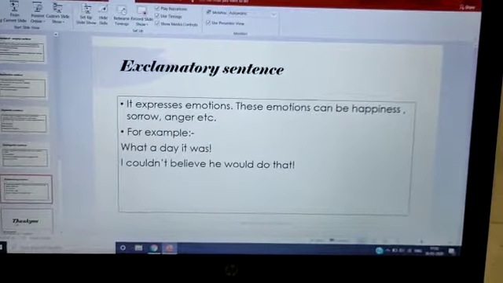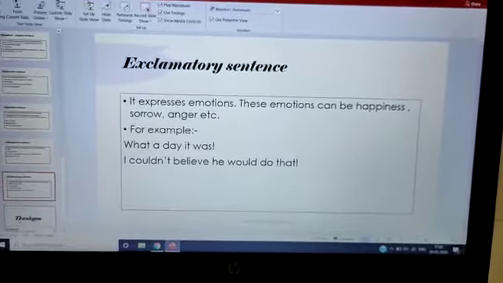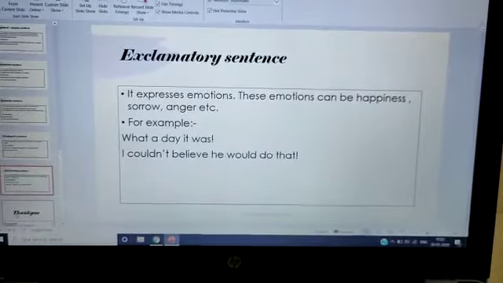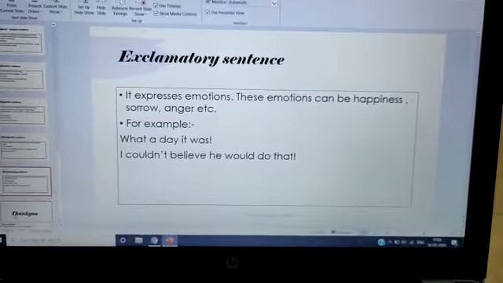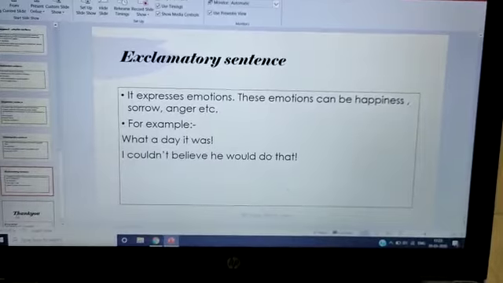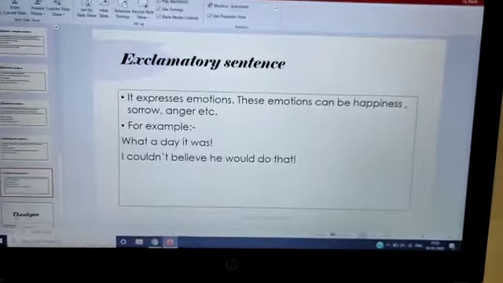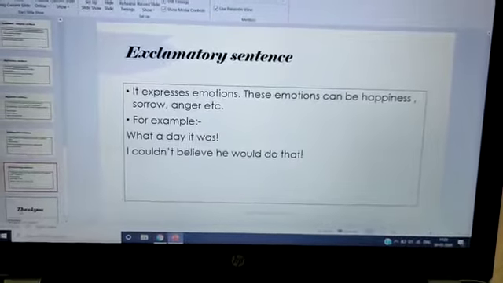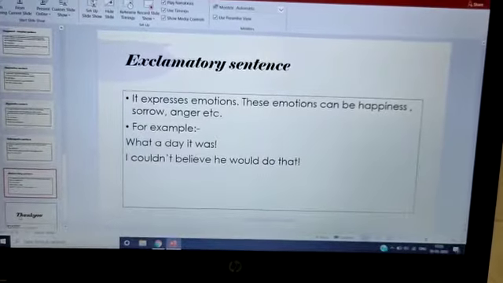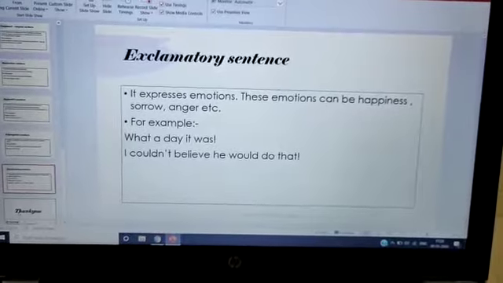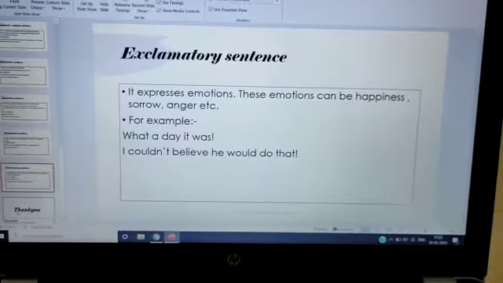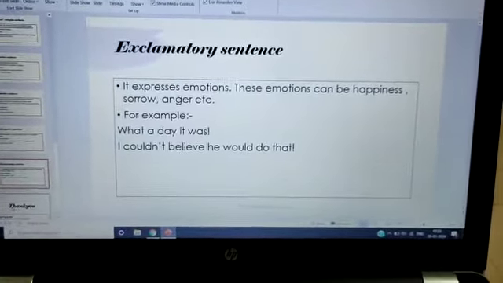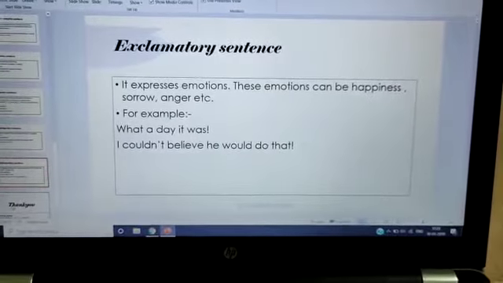Here we are expressing happiness, and this sentence is ending with an exclamation mark. Hence, it is an exclamatory sentence. I couldn't believe he could do that! It could be out of happiness or it could be out of anger as well. Hence, in both cases, the emotion is being expressed. Hence, it is an exclamatory sentence, as the sentence ends with an exclamation mark.